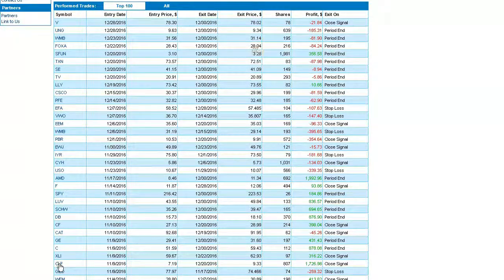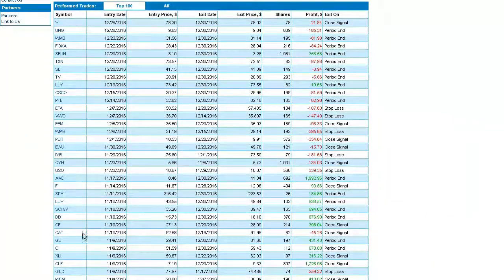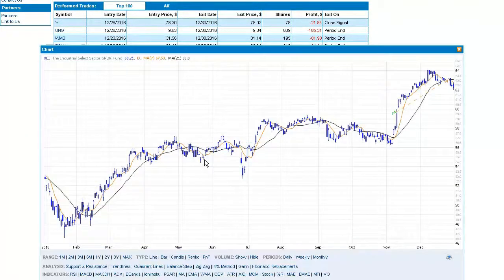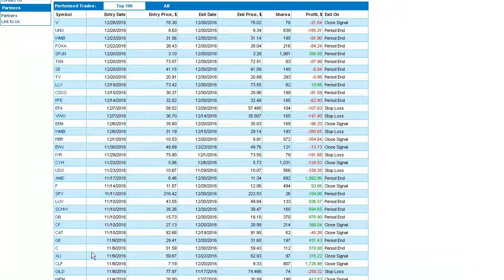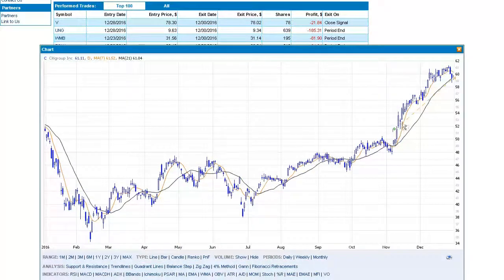Let's open the chart for this stock. The green arrow is the entry, where you get into a trade, and the orange arrow is the exit point. Let's review this trade. We see the entry point, and here's the exit point. And the same for this one. Here's the entry point and the exit.